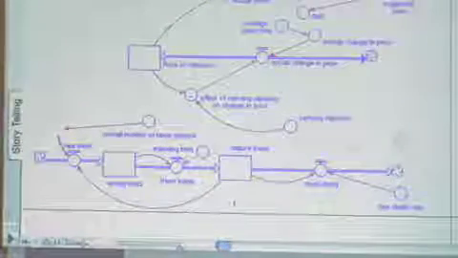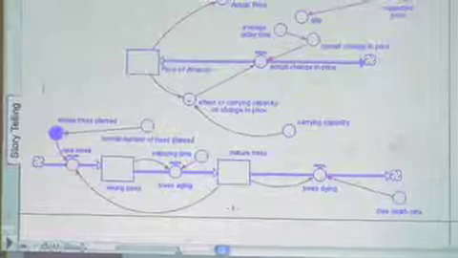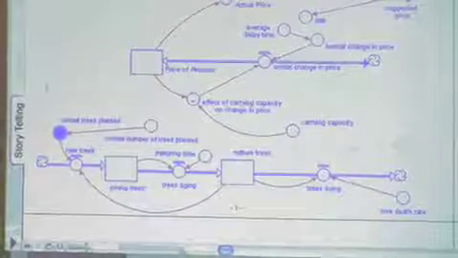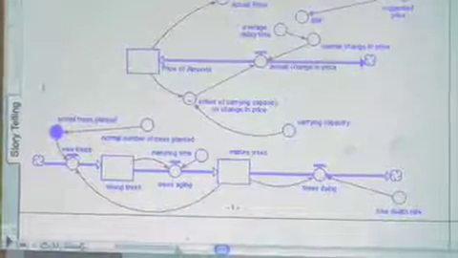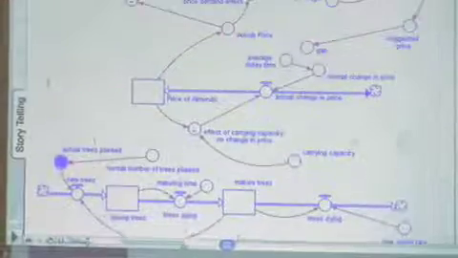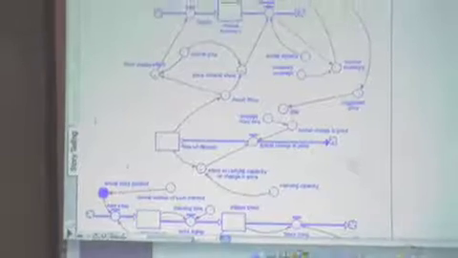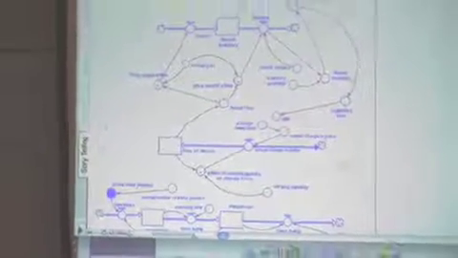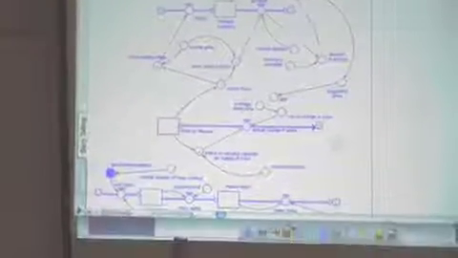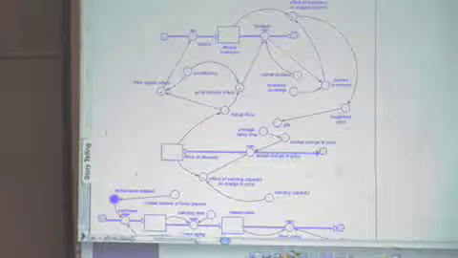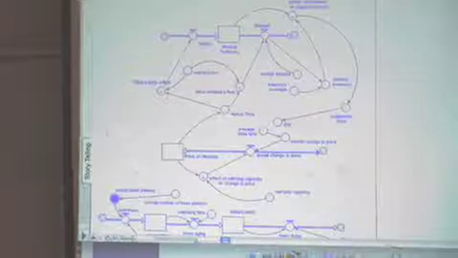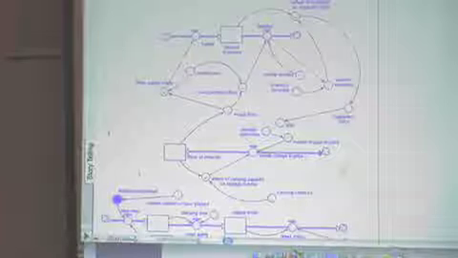Now, we had an idea that the rate at which trees are planted would be affected by the production of almonds. If the trees weren't as productive, since the number of bee colonies had decreased and the bees weren't able to pollinate, then we thought farmers would try to plant more trees to meet the demand.